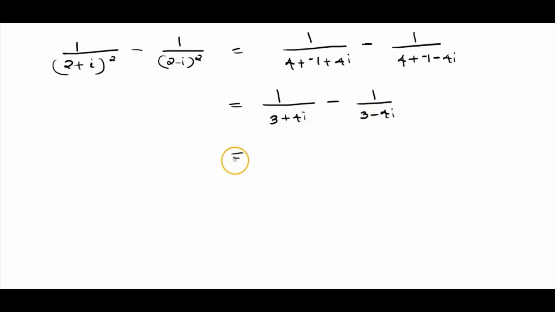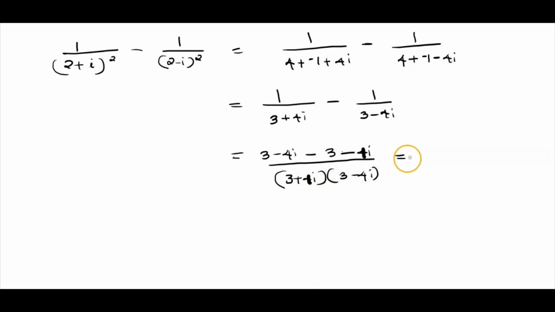So we can cross multiply this. This is 3 minus 4i minus 3 plus 4i, divided by 3 plus 4i into 3 minus 4i. 3 plus 4i into 3 minus 4i is like a plus ib into a minus ib. It's clearly a square plus b square. a plus b into a minus b is a square minus b square. So the numerator is 3 minus 3 minus 4i, which is minus 8i.